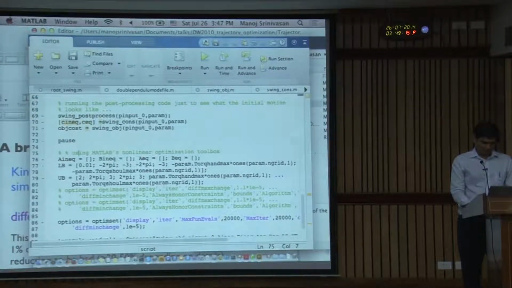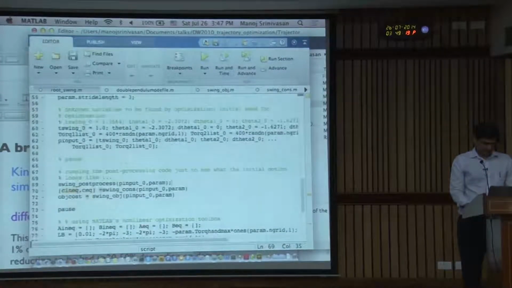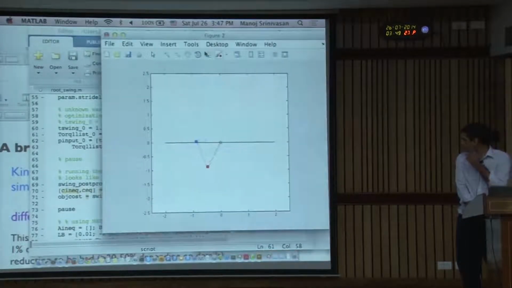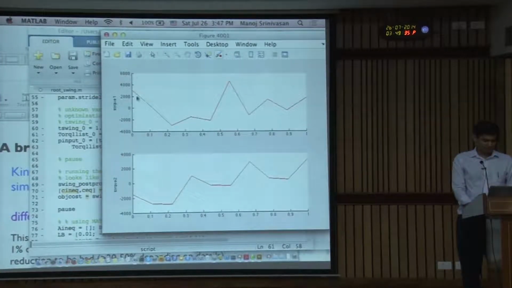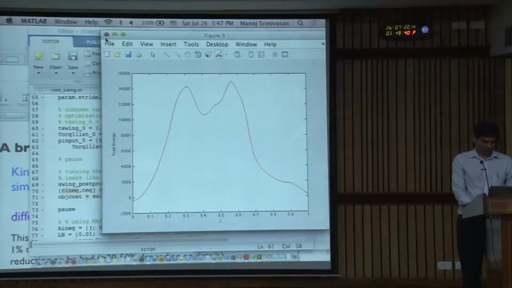Or maybe that's a really bad thing to do. That might have been a bad thing to do. Let me just do that here. Right, so I just increase the torques to be something random and so on.